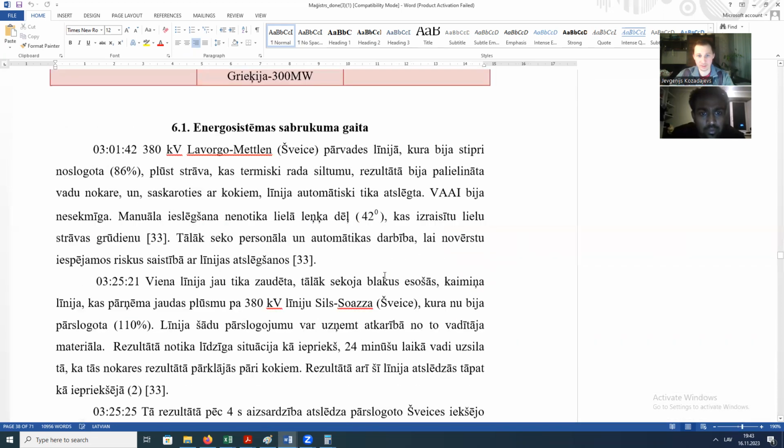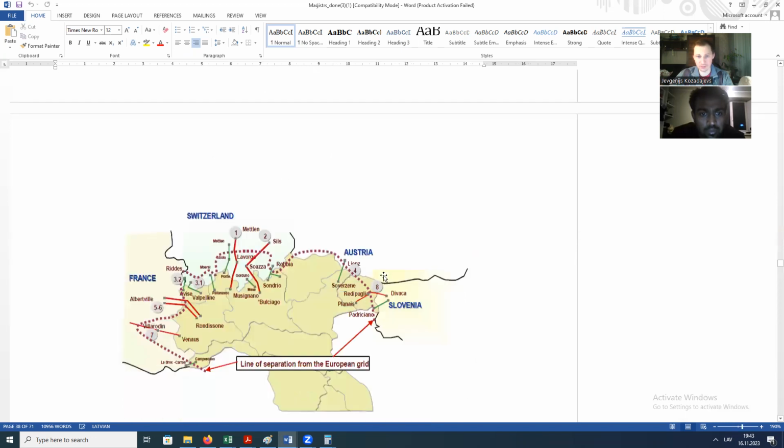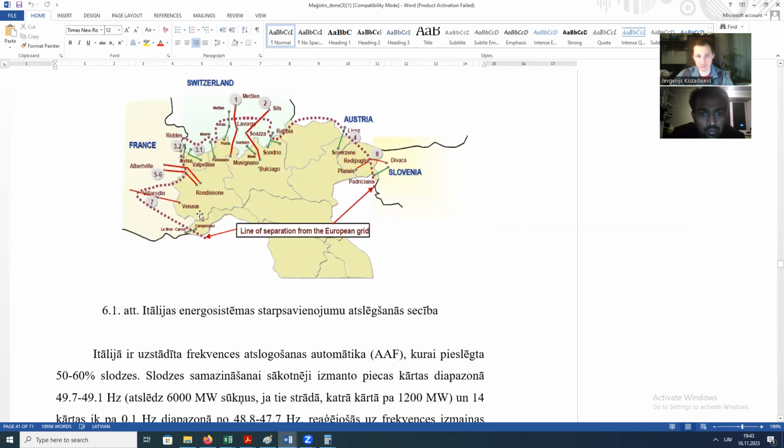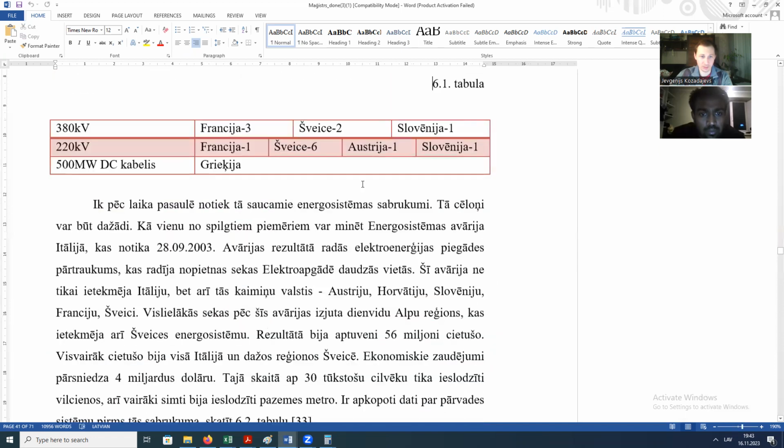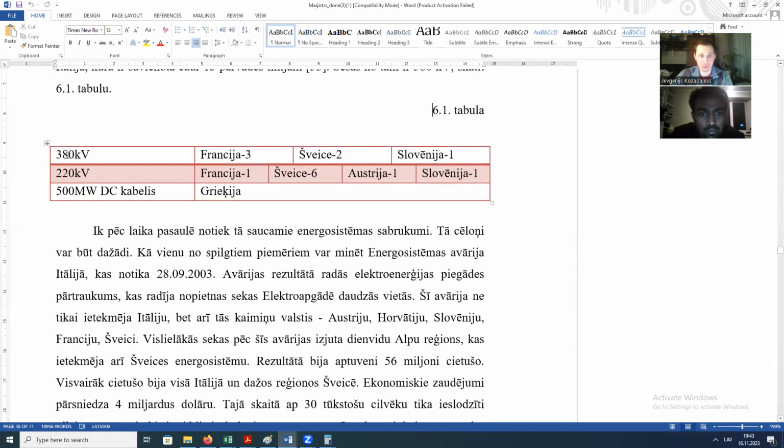Let's see the interconnection lines from Italy to the neighbor countries: Italy-France, Italy-Switzerland, Italy-Austria, and Italy-Slovenia. Okay, here it is. At 380 kV, 3 lines to France, 2 lines to Switzerland, and 1 line to Slovenia.